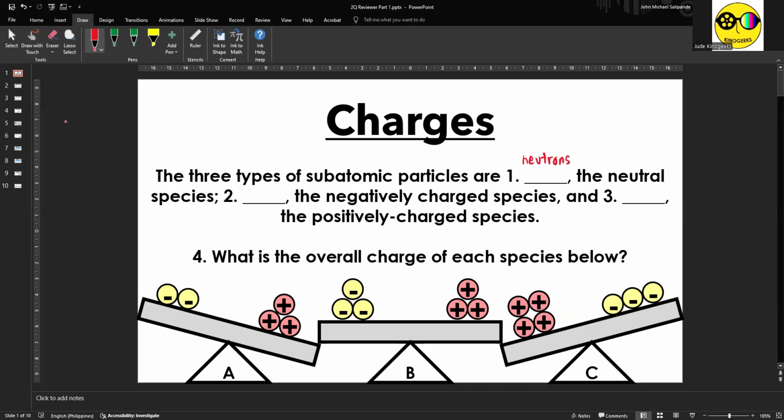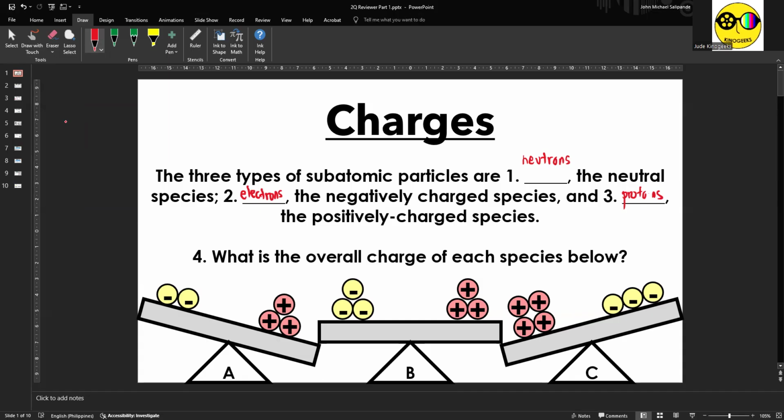The negatively charged species are called electrons, just like the yellow circles that I presented to you on the seesaw below, while the positively charged species are called protons, which are designated with red circles.